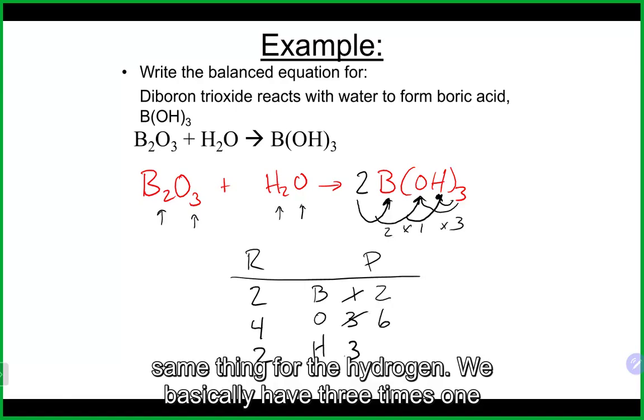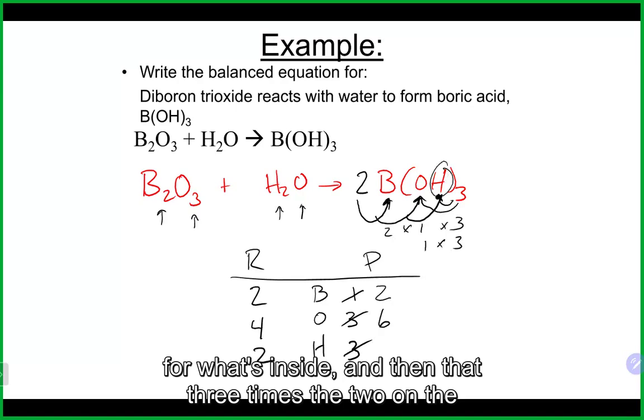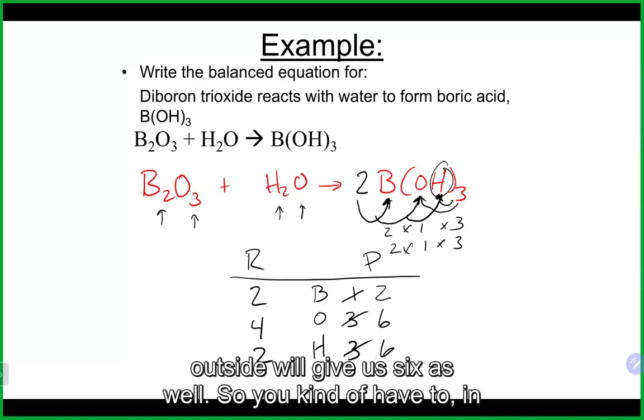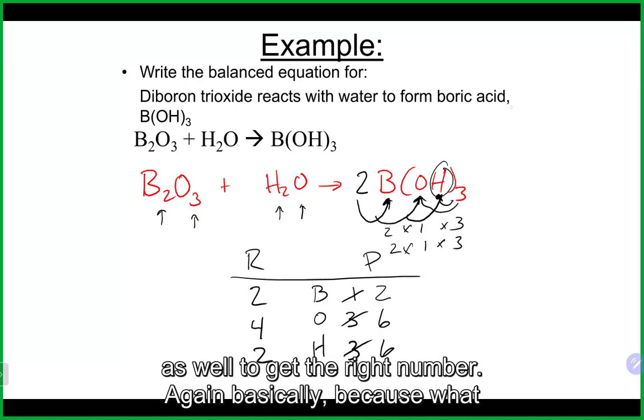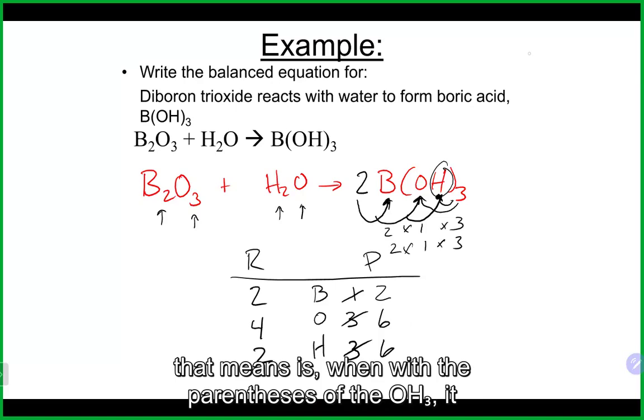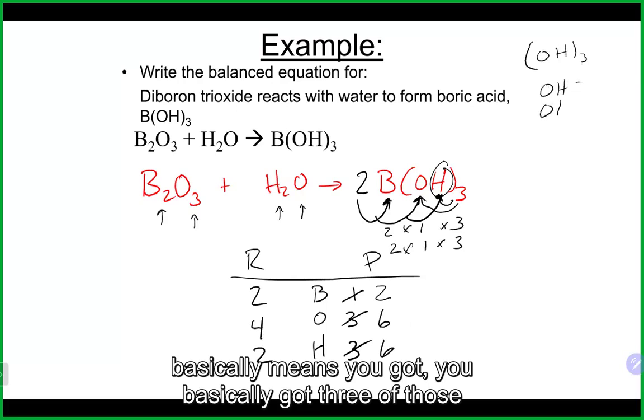Same thing for the hydrogen. We basically have 3 times 1 for what's inside. And then that 3 times the 2 on the outside will give us 6 as well. So in this case, you have to multiply in and then multiply out to the coefficient to get the right number. Again, what that means is the parentheses of the OH3 basically means you got 3 of those, right?